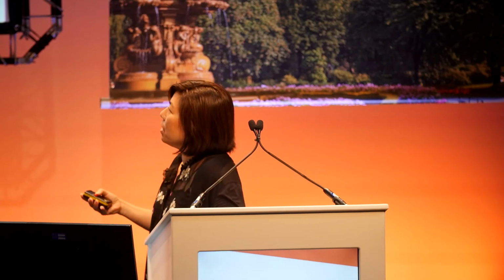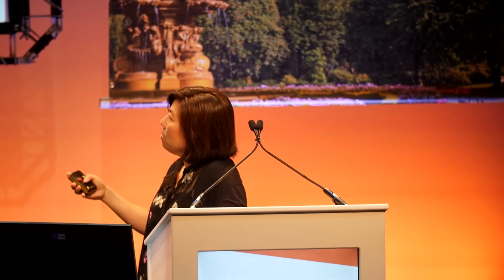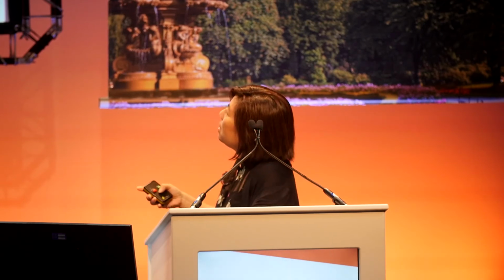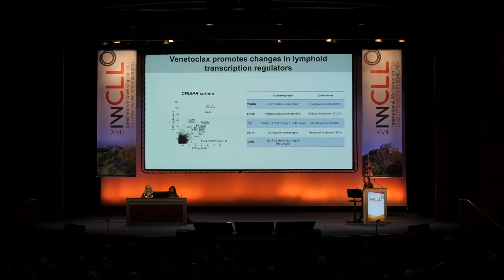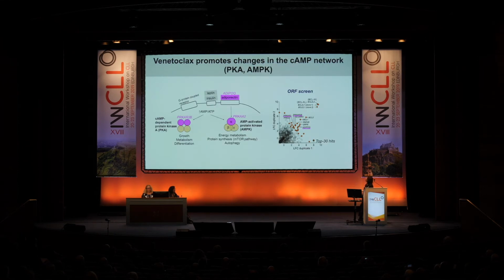So first, in terms of the CRISPR screen, we happily identified those targets of the BCL signaling pathway as we would expect, but also identified a number of different transcription factors shown here that have already been previously shown to be mutated across other B-cell malignancies. So certainly interesting, and I point your attention specifically to ID3, which is going to come up a little bit later.